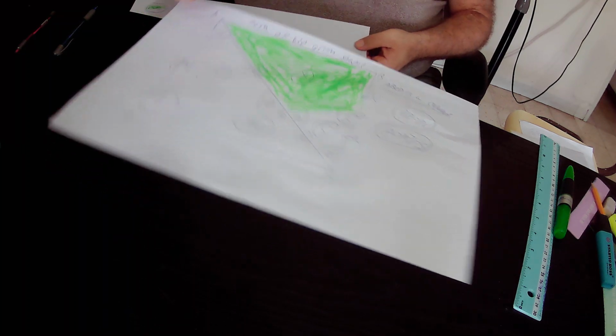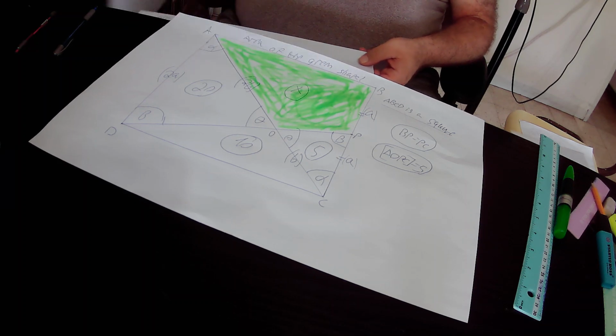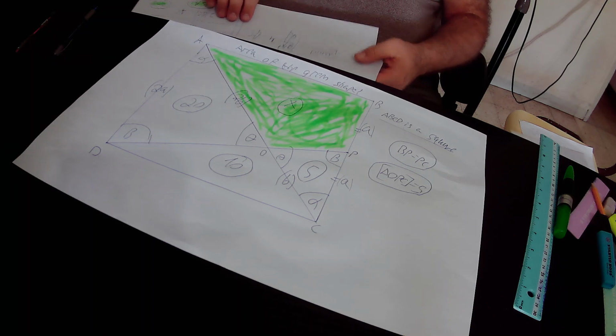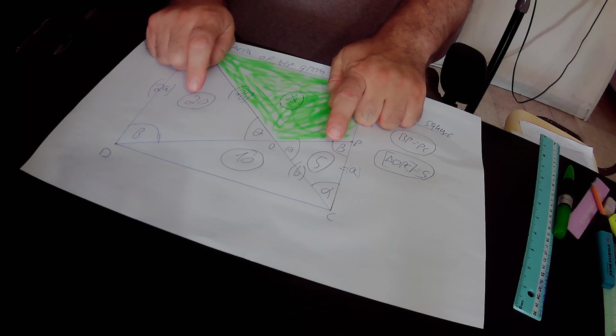So according to rule 22, the ratio between the areas of those two triangles is equal to the square of the ratio of their corresponding sides.